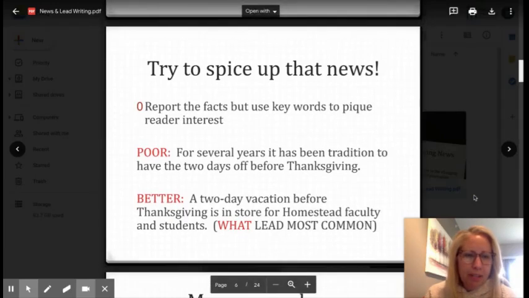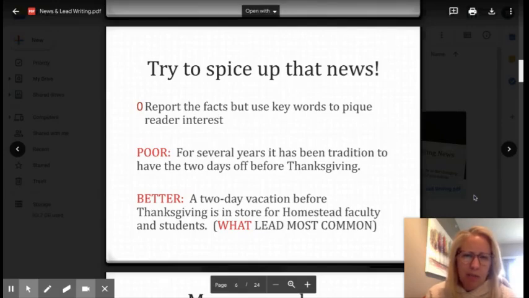So to spice up how you would deliver information to a reader, consider this example right here. You're reporting the facts and you cannot bend the facts, right? That's very unethical. You have to report exact information, but you want to play up what words you use and where you place them. So a poor example would be, for several years it has been tradition to have the 2 days off before Thanksgiving.